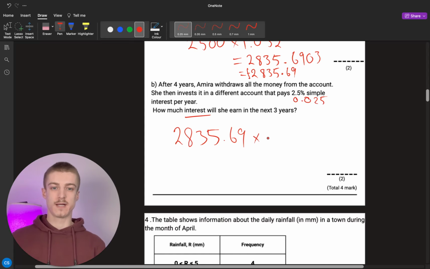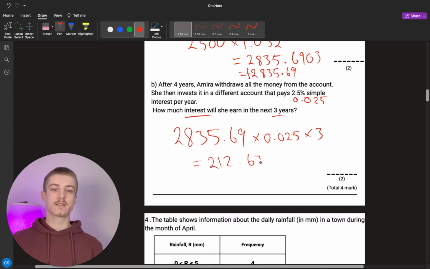We're going to multiply this total amount by 0.025, and it's over 3 years, so we're going to multiply it by 3 as well. This comes out to be 212.67675, which is £212.68. Okay.